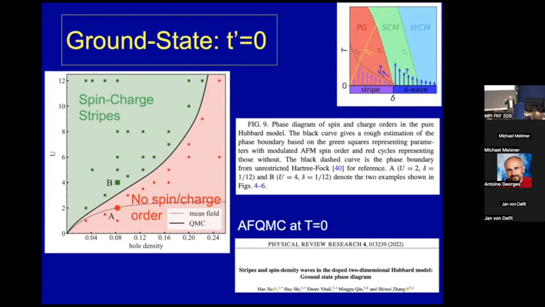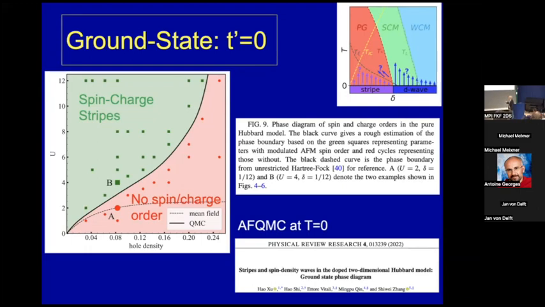This will come later in the talk, but it's just meant to separate two regions, one region in which the ground state has both spin and charge long-range order, and one region where there is no such long-range order. Near this boundary, there may be some region that has also superconducting order. I'll address that in a minute.